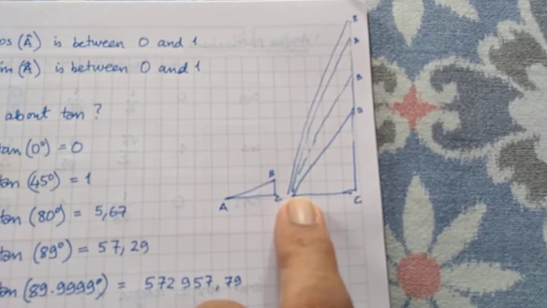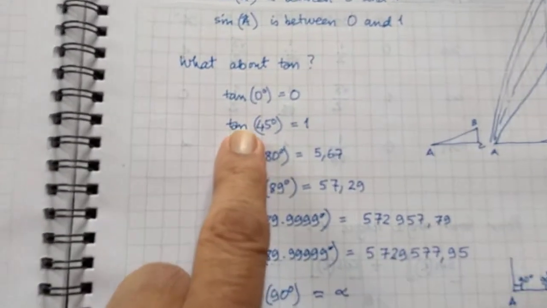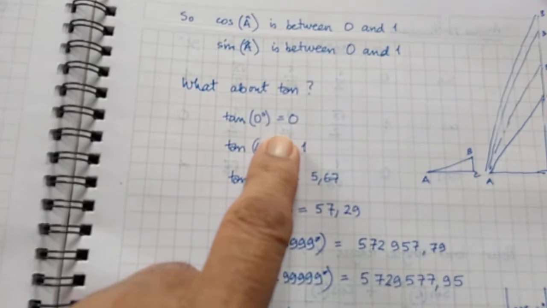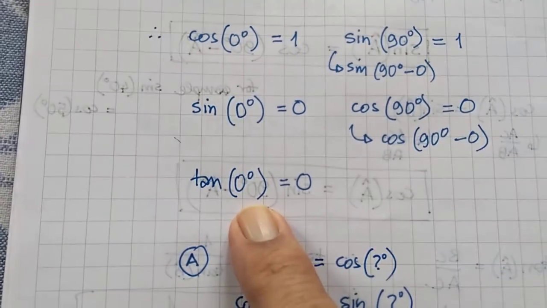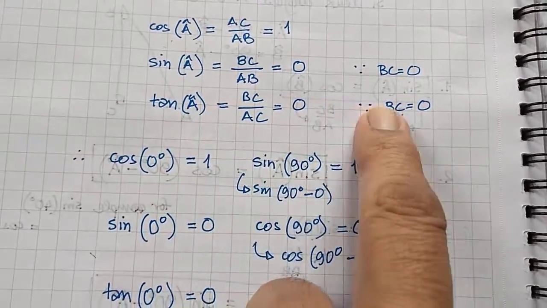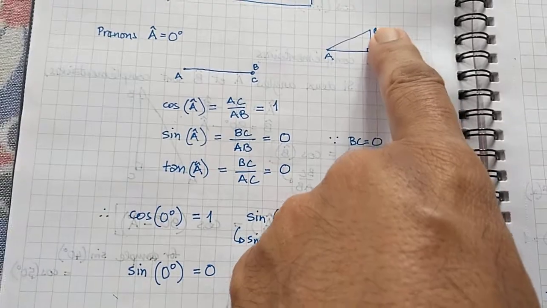I've just plugged in a few values into the calculator. Tan of 0 is 0, that we have already seen. Here tan of A is BC, and because BC is 0, the côté opposé is 0.